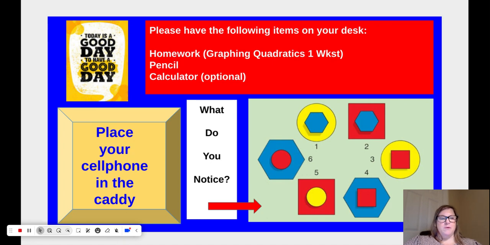Make sure a reminder to place their cell phone in the caddy so that we can have uninterrupted focus. And then something for them to look at, think about and discuss as students are entering the room so that we can activate their minds.